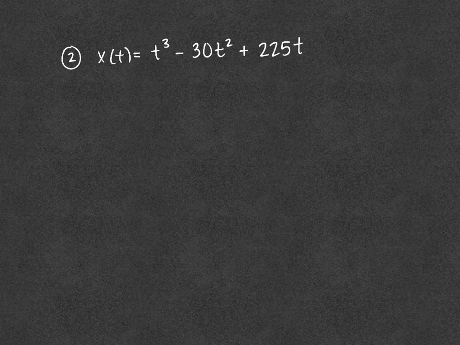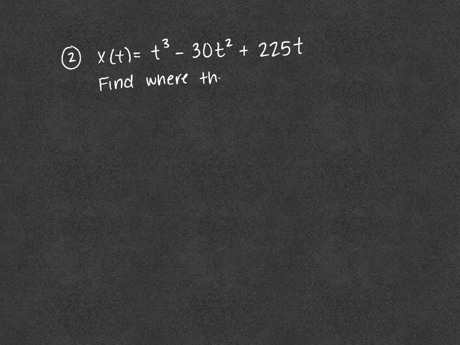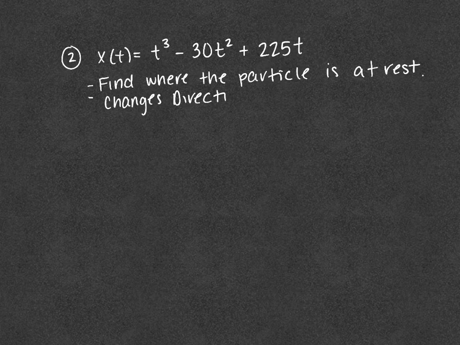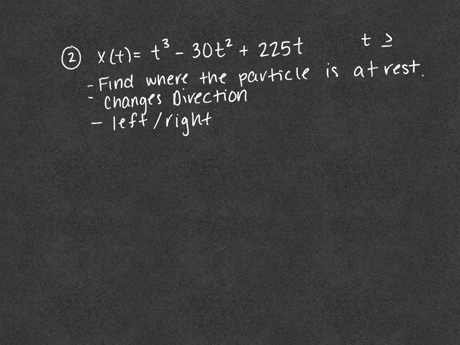And the question is asking you to find where the particle is at rest, where the particle changes direction, and where the particle moves left and right. And this is all for time is greater than or equal to 0. So basically where time begins.